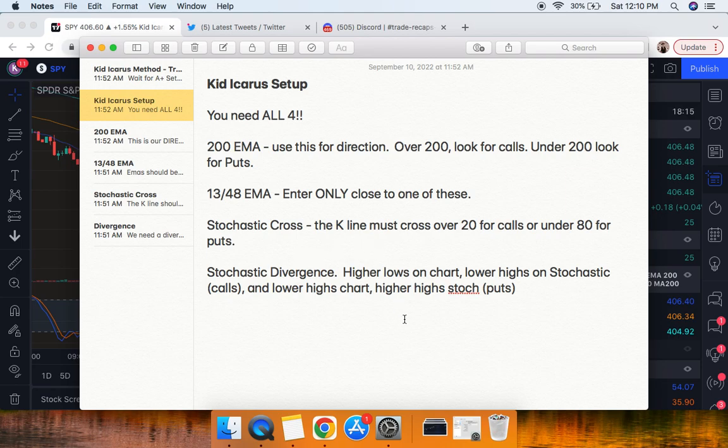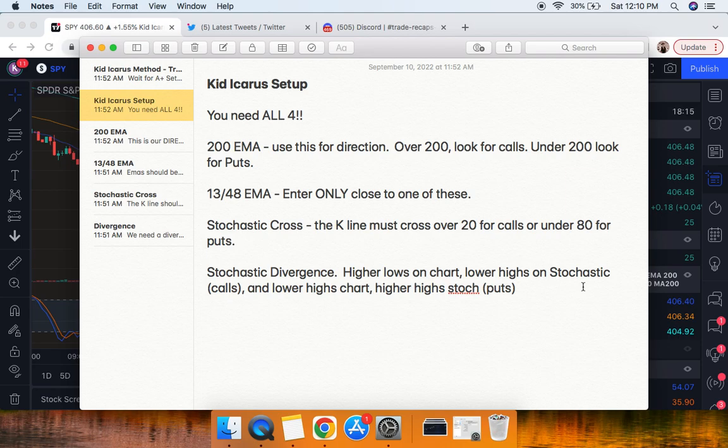And then the last piece of conviction is divergence. We need the tops to mismatch for the puts, and we need the bottoms to mismatch for calls.